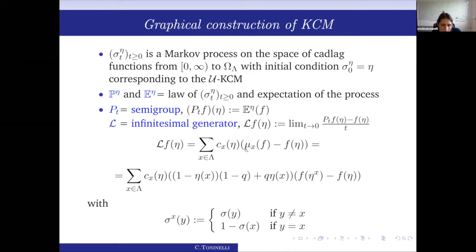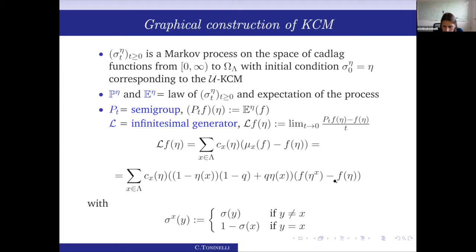It's the same thing as saying that for the configuration at site x, when the clock rings at x and the constraint is satisfied, I'm taking a fresh variable at equilibrium. Equilibrium mu is the product measure at density q. The x here indicates that I'm making the mean only on x. And it's the same thing as writing this, a simple algebra.